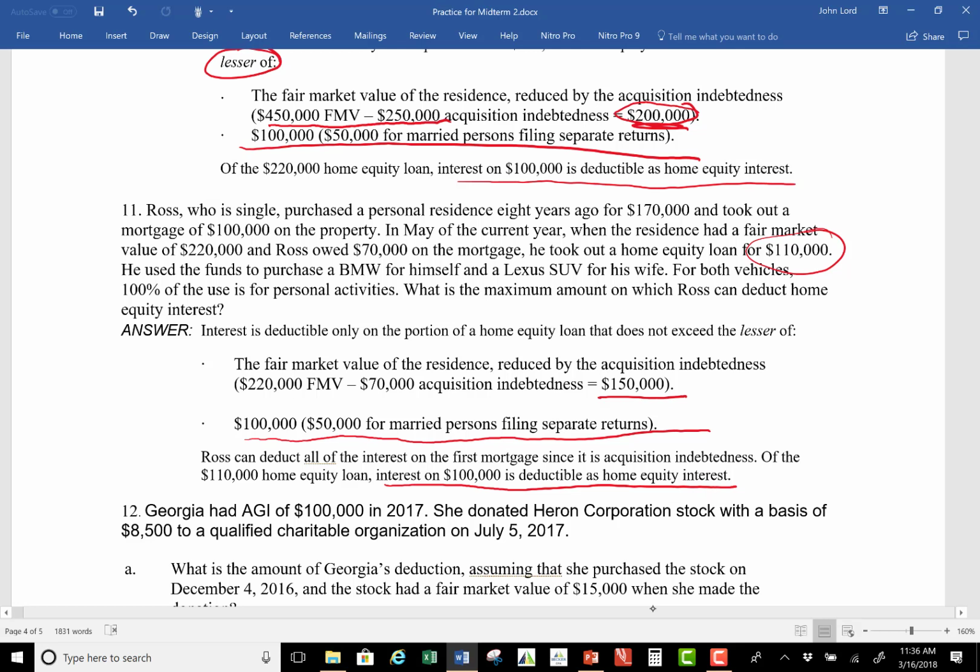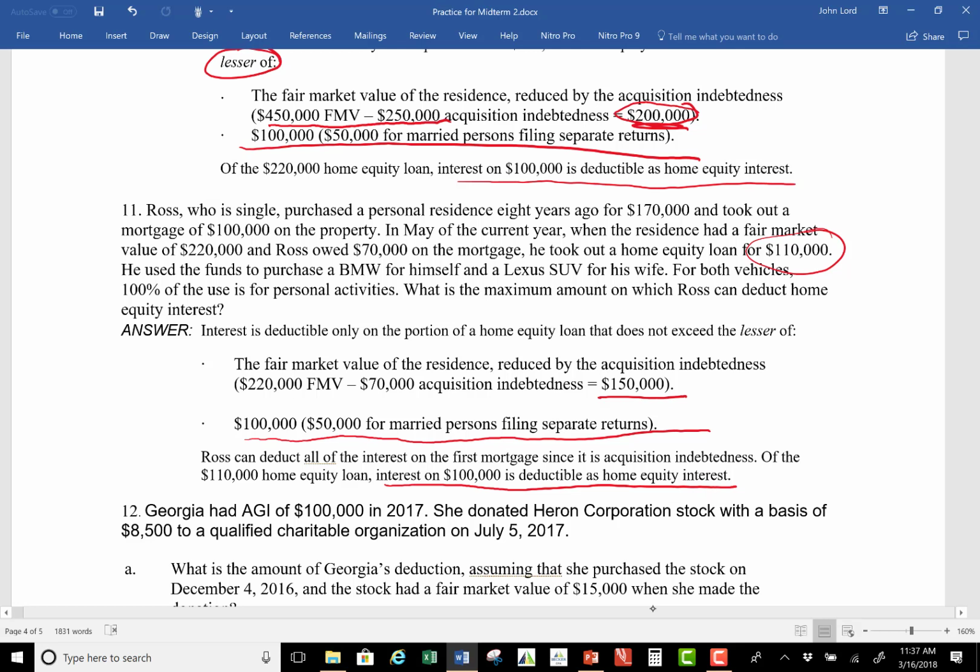Richard? Yes, it only comes down if you're married filing separate. Married filing separate has all the horrible consequences in it. If he was married filing separate, it'd be 50. But if you're single, there's no limitation. They don't predicate it on marriage in terms of itemized deductions.